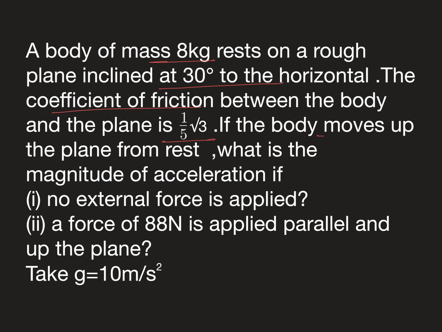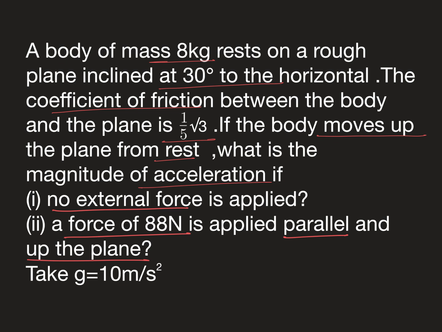If the body moves up the plane from rest, what is the magnitude of the acceleration if, question 1, no external force is applied? Question 2, if a force of 88 newtons is applied parallel and up the plane.